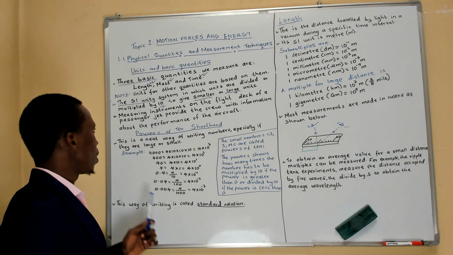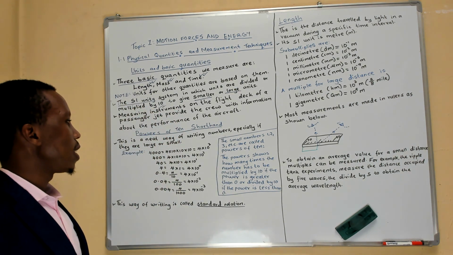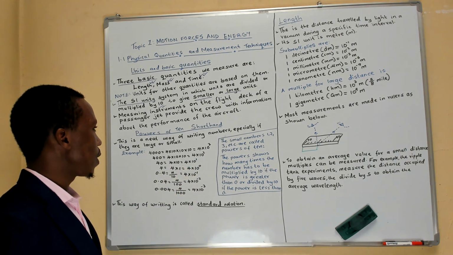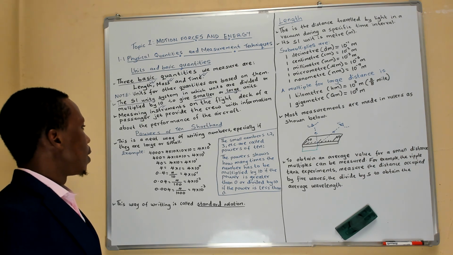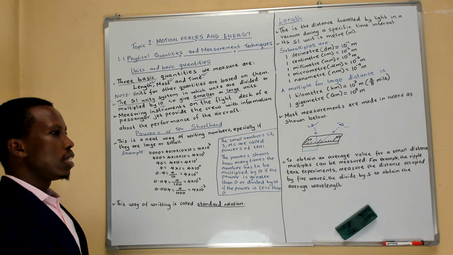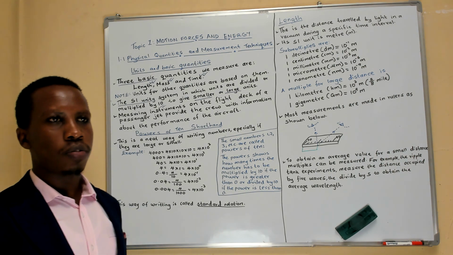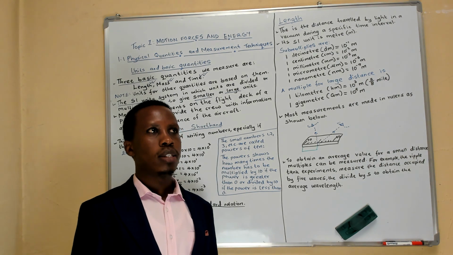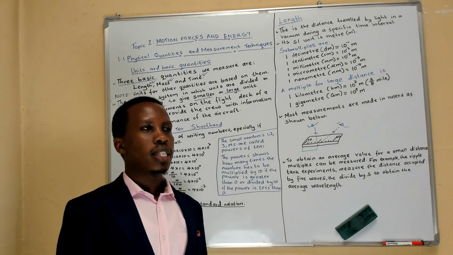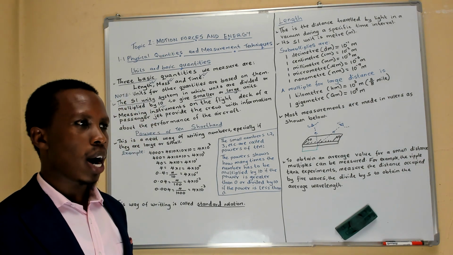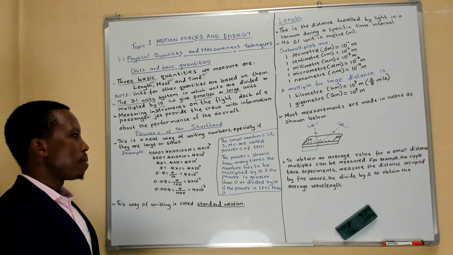If you're talking about powers of 10 shorthands, we're just talking about numbers which are rewritten in standard form. They would take a value between 1 and 9, then multiplied by a power of 10.